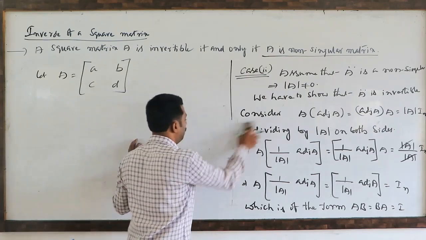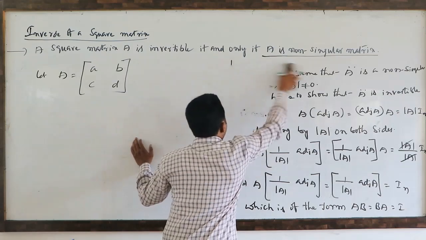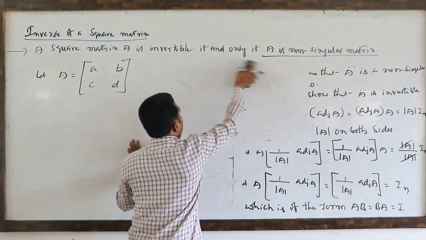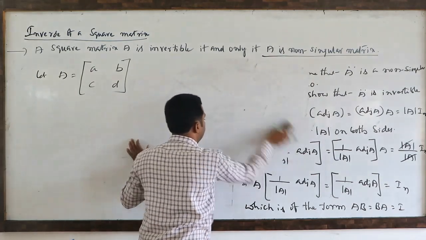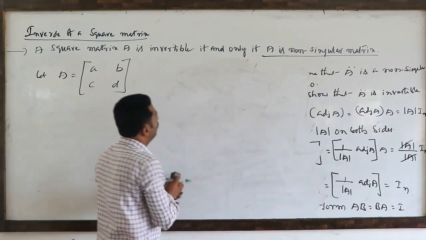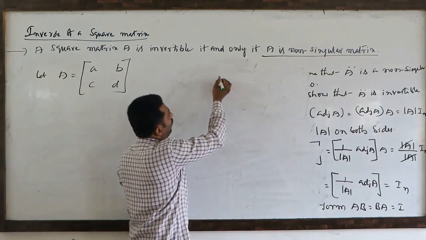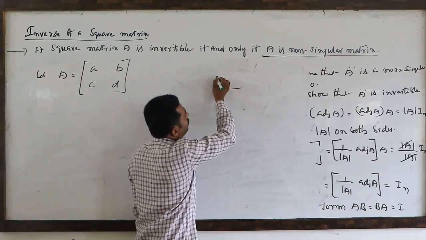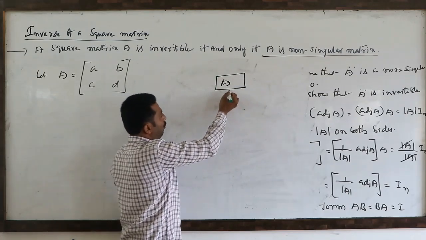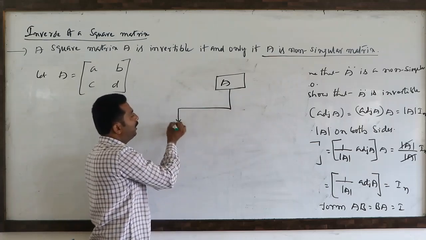I will tell one algorithm on how to calculate the inverse of a square matrix. See here, algorithm. Suppose A is a given square matrix. First, what you have to calculate?